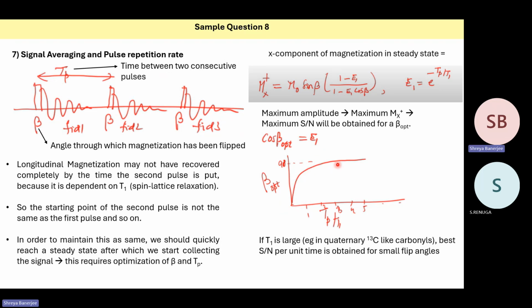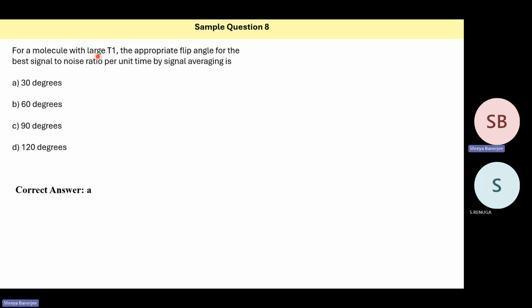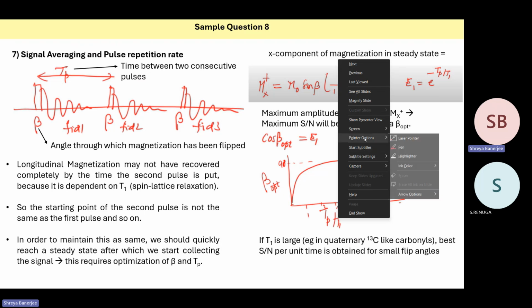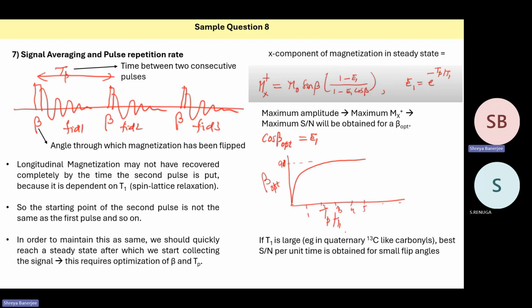We saw this graph in the previous class, where on the x-axis we have Tp by T1, where T1 is the spin lattice relaxation time. If T1 is large, which is what is mentioned in the question, that means the denominator is large, so Tp by T1 is very small.